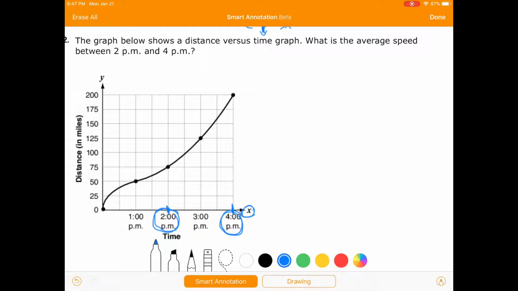Then I want to see the distance in between. So at 2 p.m., I have gone 75 miles.